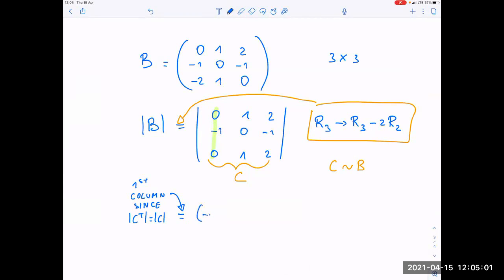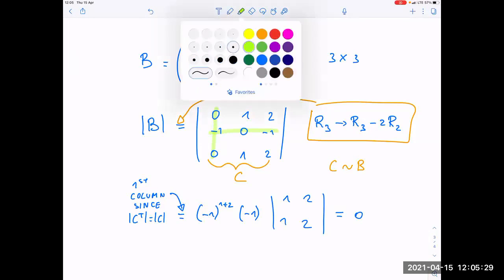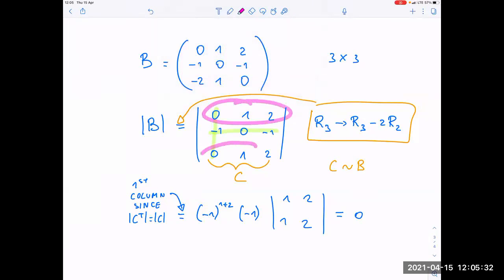So I have to take minus 1 to the power 1 plus 2, because it is row 2, column 1. I multiply by minus 1, and then by the determinant of what I get by deleting column 1, row 2. And so I get 1, 2, 1, 2, and so I get number 0. Also, as some of you very smartly noted, these two rows are equal, and so, of course, the determinant must be 0. Perfect. So we obtain a 0 determinant.